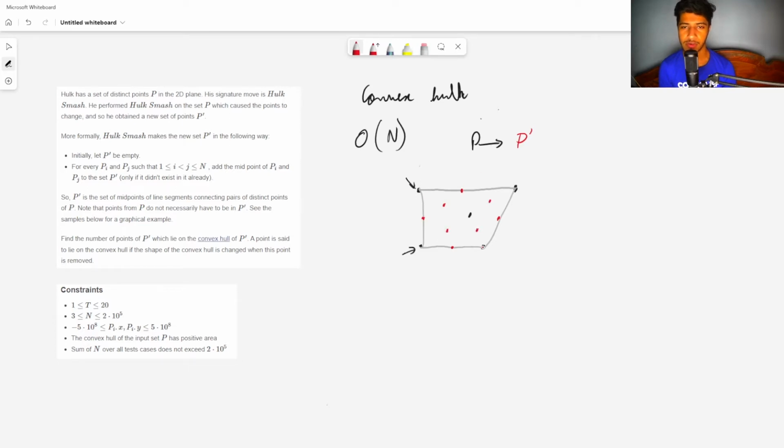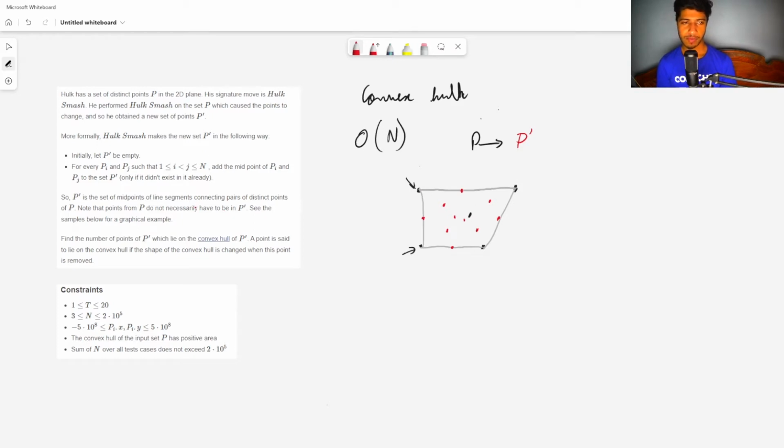Then midpoints of the diagonals as well, which will be here and here. So all these red points: there will be 5 C2 red points, which is 10. 1 2 3 4 5 6 7 8 9 10. So we have all 10 red points in P dash.